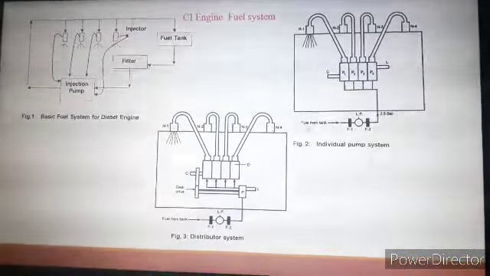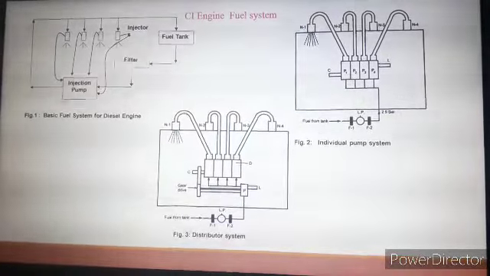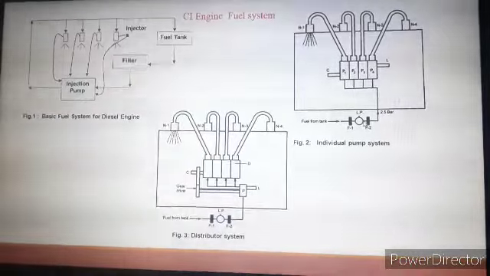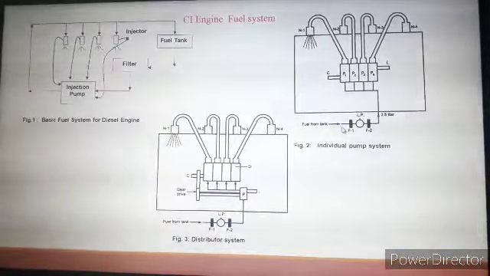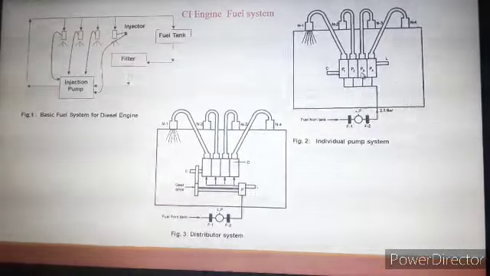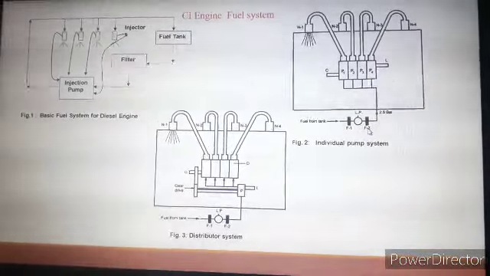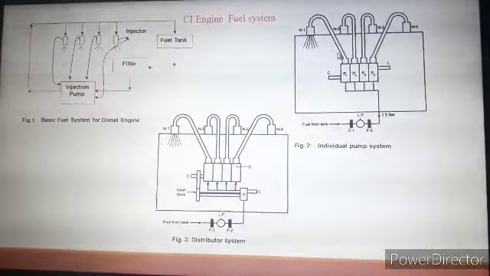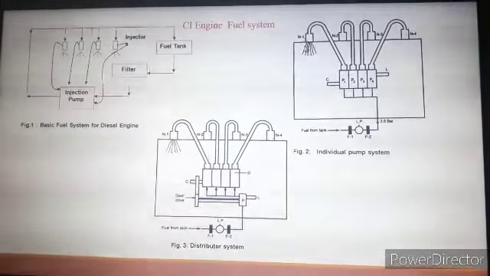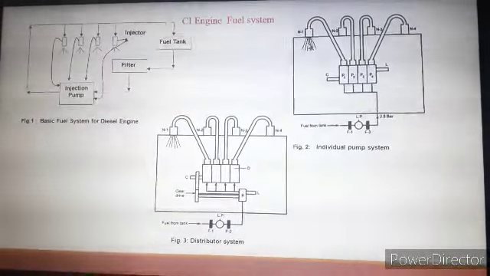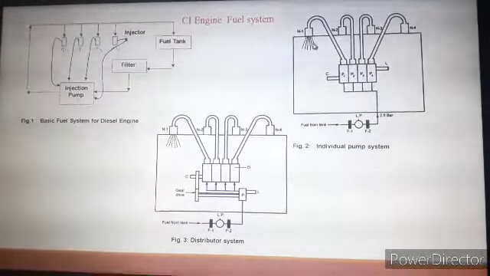Now again, how this operates: the fuel is taken from fuel tank to the fuel pump through the fuel filter. Again that fuel is taken to the fuel pump through this fuel filter F2, and again here individually the fuel is sent to the cylinder through this nozzle, from P1 to nozzle N1, and again from nozzle N1 to the respective cylinder.